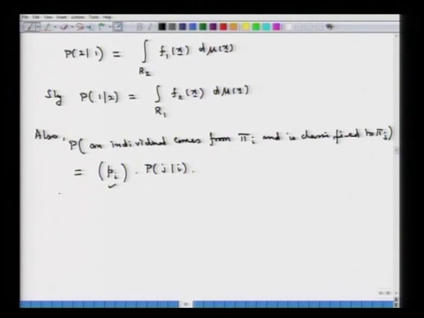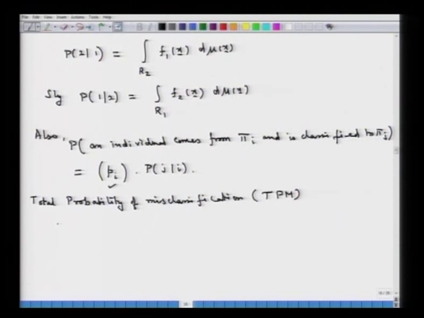So one can actually look at, based on these definitions, an important quantity which is called the total probability of misclassification, in short, the TPM for this classification rule, that is the partition R1 R2 here.